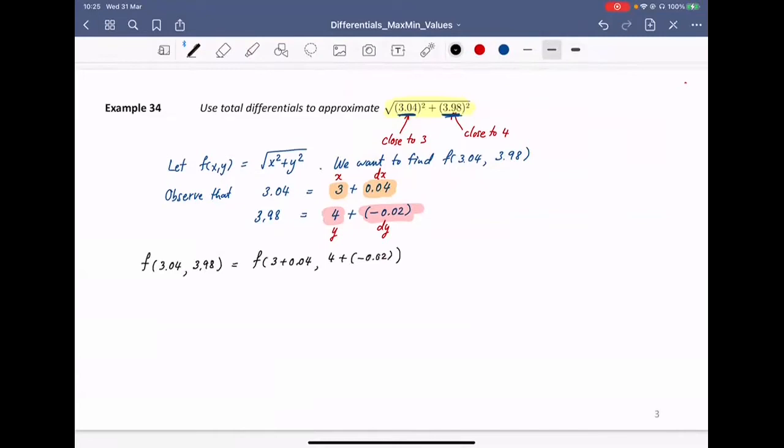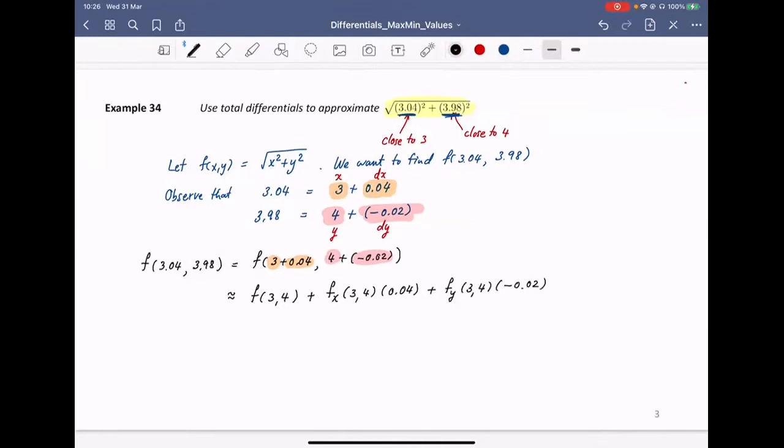And then by the approximation equation, you have f(x plus dx, y plus dy), so you're going to get approximated by f(x, y), which is f(3, 4), and then plus f subscript x at (3, 4), and then you multiply 0.04, and then plus f subscript y at (3, 4), and then you multiply negative 0.02.